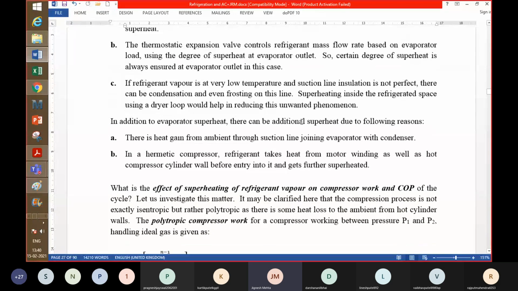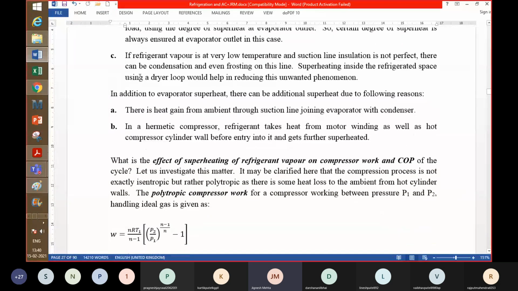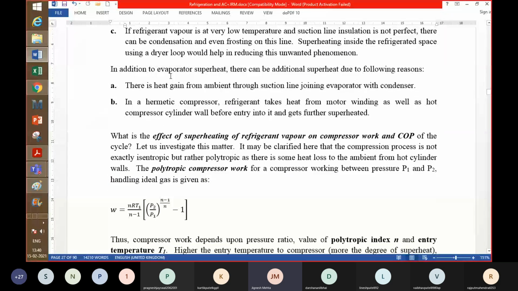Right? So that is another reason why there is some additional superheating done for the refrigerant inside the refrigerated area.